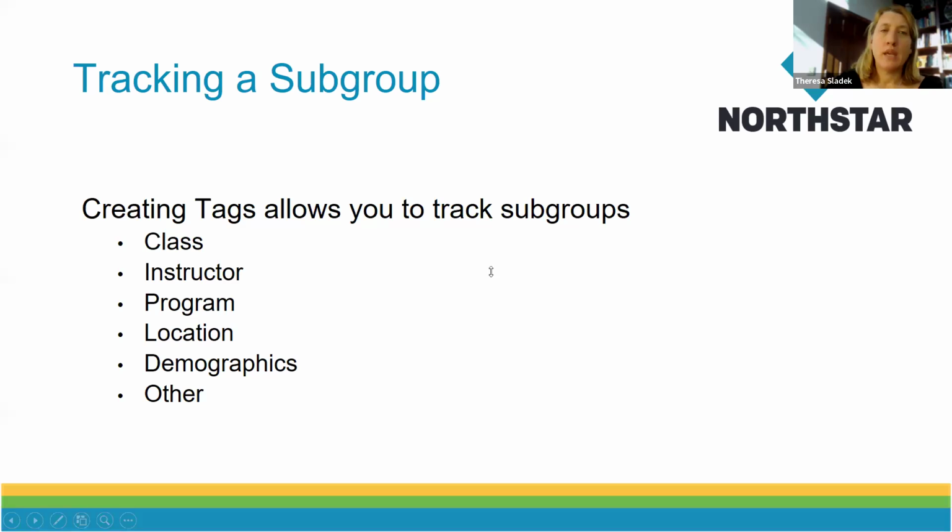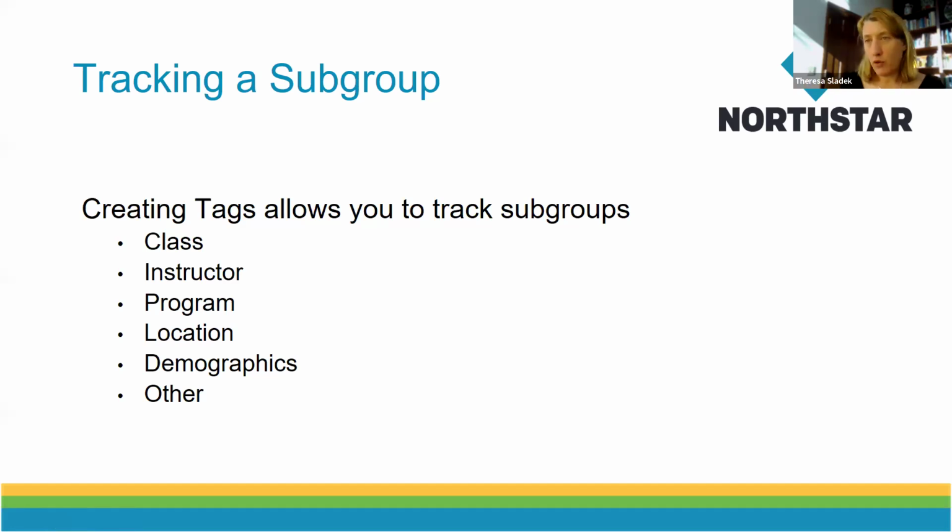So to run a subgroup, let's say you want to look at a particular class, or you're an instructor and you only want to see those learners that you're working with, or maybe a specific program or location, whatever it might be, you can create whatever tags you want to enable you to run these subgroups. And then you would tag each learner individually with the appropriate tag.